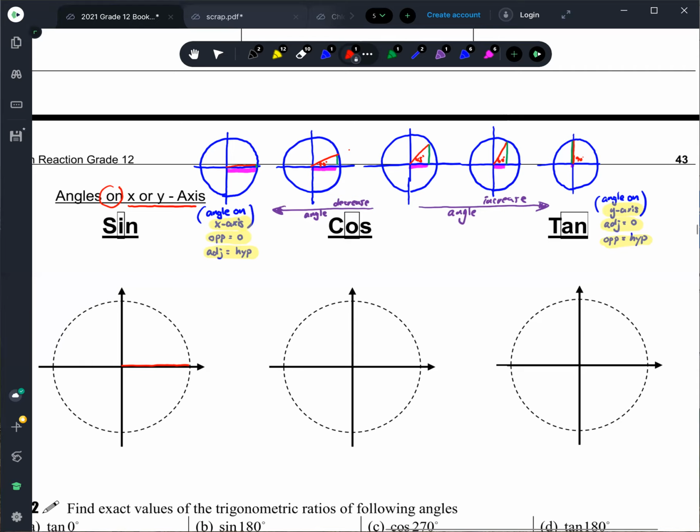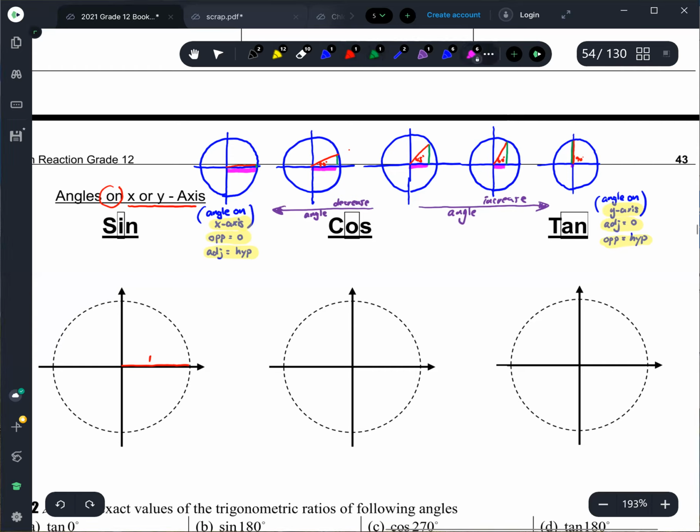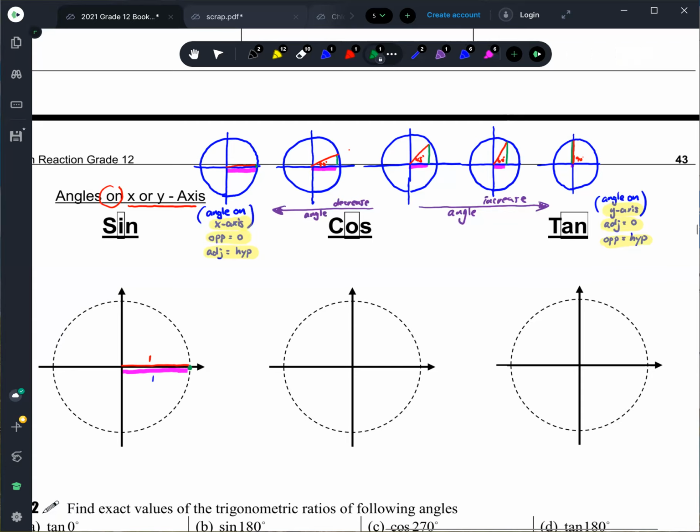To keep things simple, we're just gonna let hypotenuse be 1, so your adjacent will also be 1, and then your opposite will be 0.